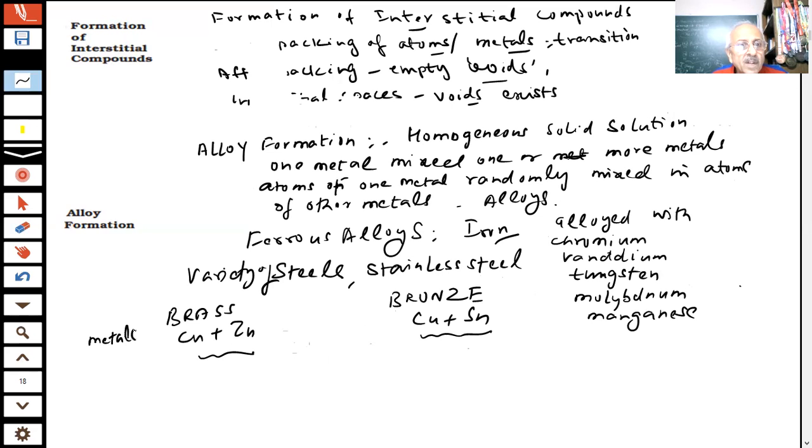Now, what is the reason for the formation of alloys? Why will we get an alloy, students? Why will the atoms of one metal get mixed up with another metal? What could be the main reason, students? Why will they mix with each other?